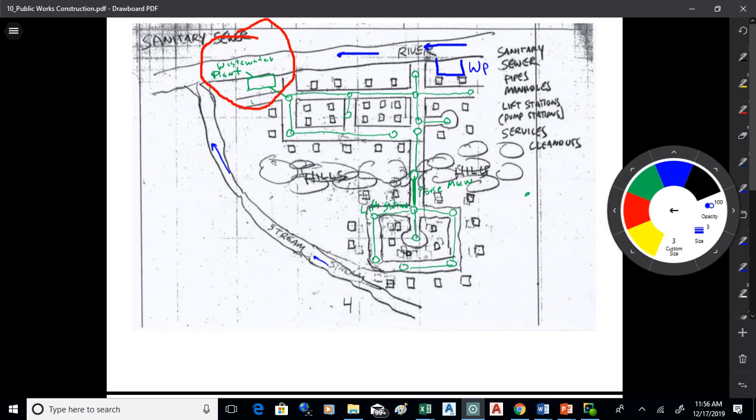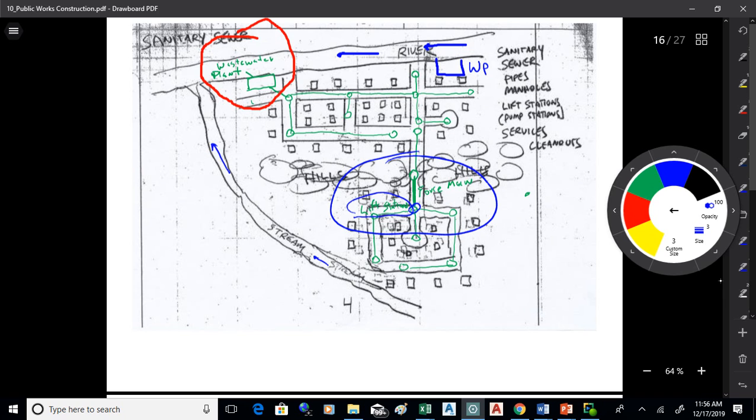Now, what we have here is one situation where we have the line of hills running through the city. That's going to create a high ground that's going to make it really hard to dig deep enough to get that pipe flowing by gravity downhill to where you want it to go. Okay, so we can't get the water up and over those hills without putting in what we call a lift station or a pumping station right there.